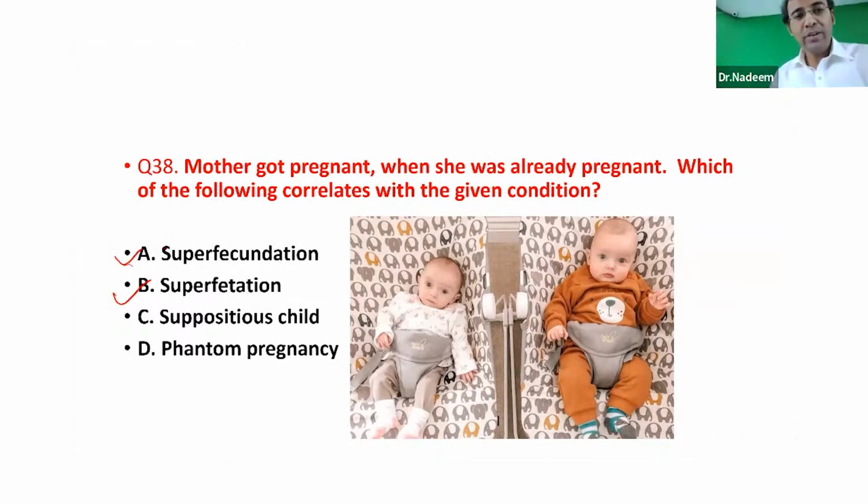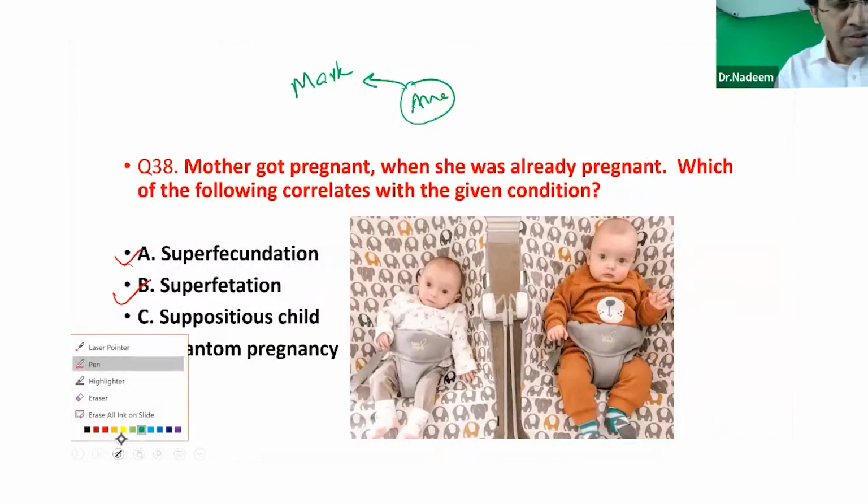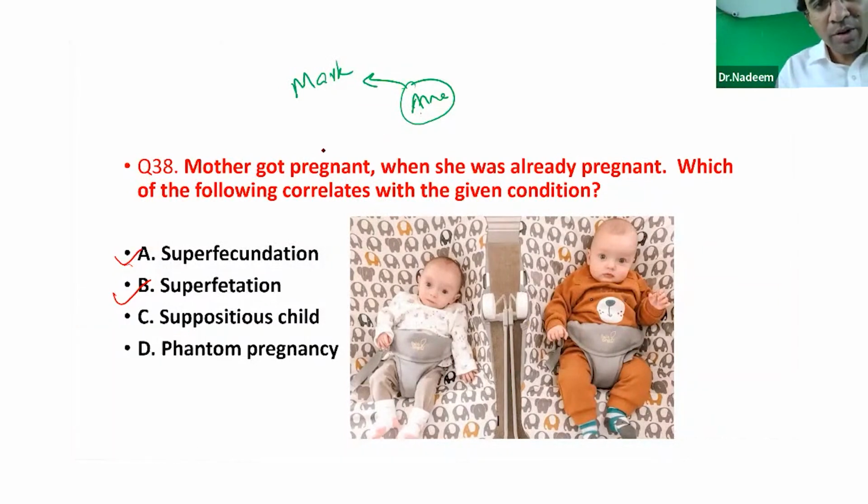First of all, superfecundation means what? Suppose there is a female, her name is Anna, husband's name is Mark, and her boyfriend's name is Jack. Anna and Mark, husband and wife, both are white.